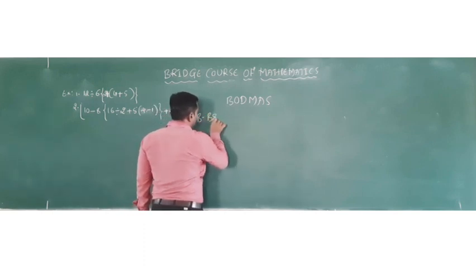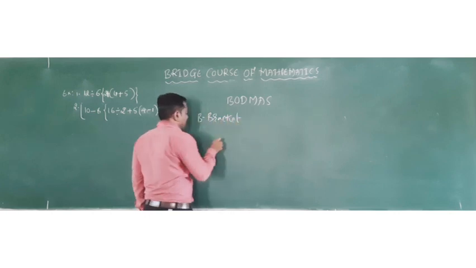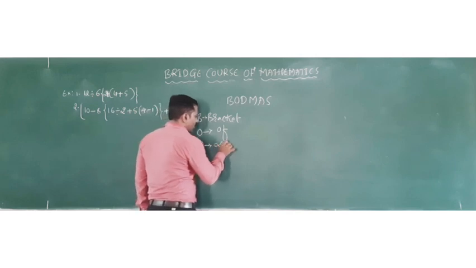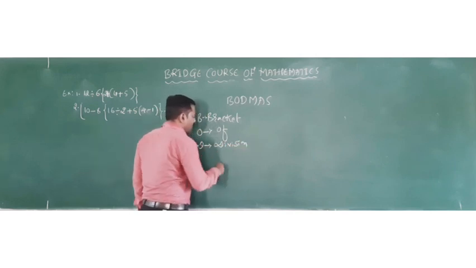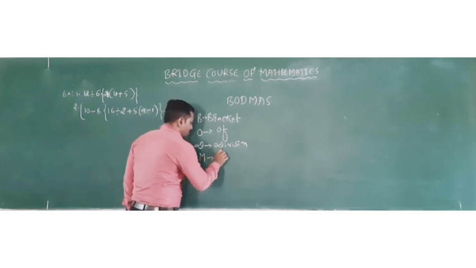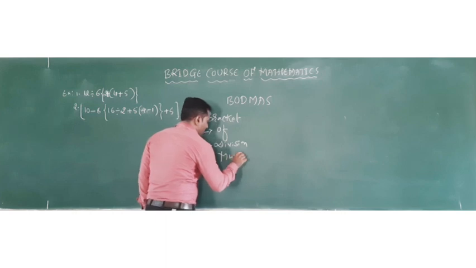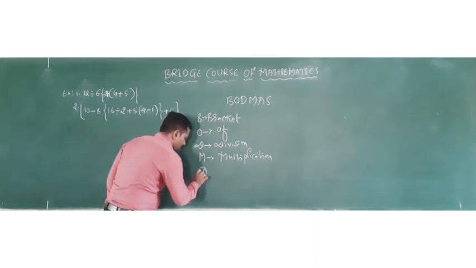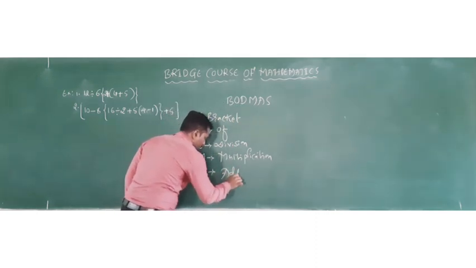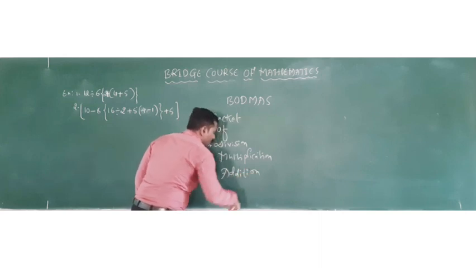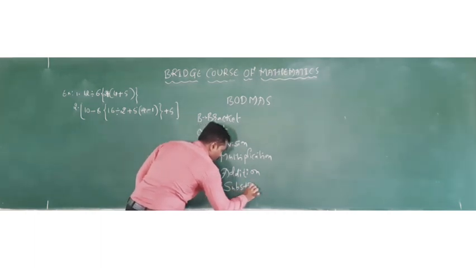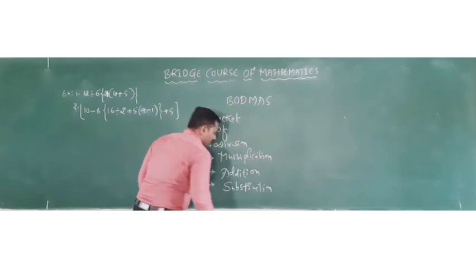B stands for bracket, O stands for of, D stands for division, M stands for multiplication, A stands for addition, S stands for subtraction.